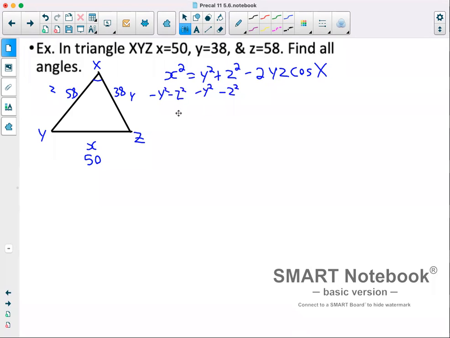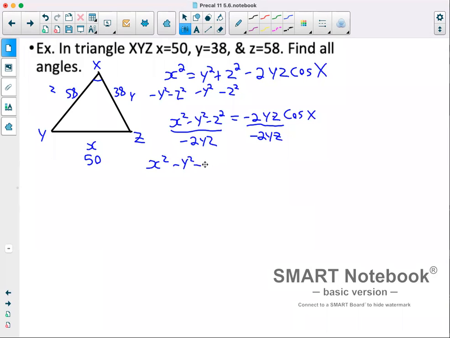That gives us x squared minus y squared minus z squared is equal to negative 2yz cos of x. We still want to get cos x on its own, so I would divide both sides by negative 2yz. That gives us x squared minus y squared minus z squared over negative 2yz is equal to cos of x.